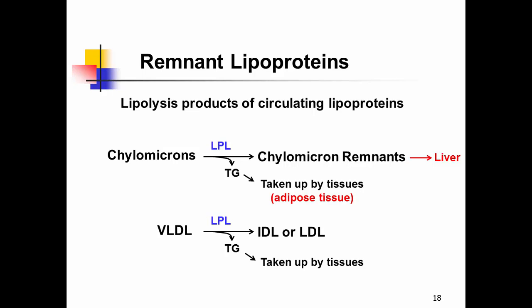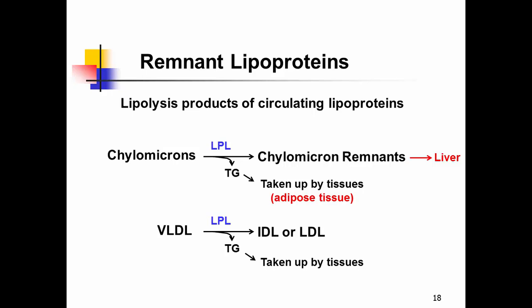So the chylomicron remnant is smaller in size and also has less triglyceride in the core, and eventually the chylomicron remnants are picked up by the liver, and the liver can take up the leftover triglyceride in the chylomicron remnants.